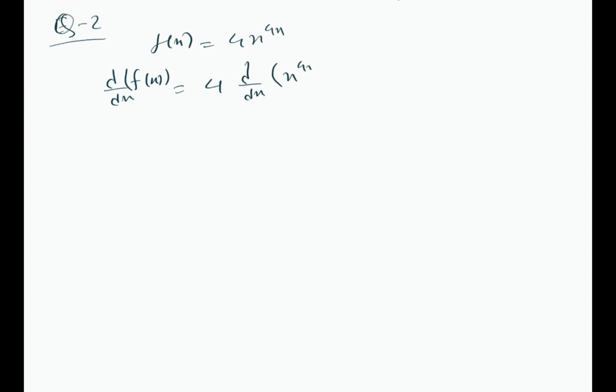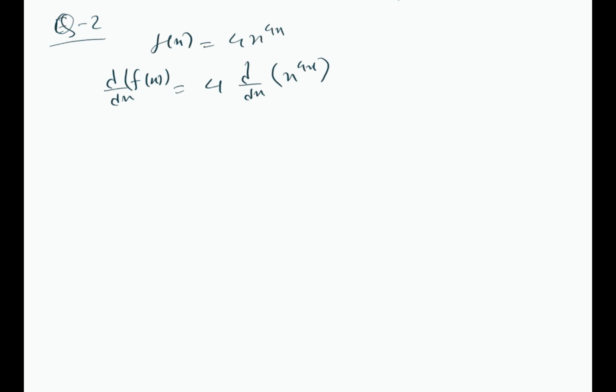Question 2. For question 2, we have a function f of x equal to 4x to the power 4x. Okay, so we can apply the constant multiple rule here. d/dx of f of x is equal to 4 times d/dx of x to the power 4x.